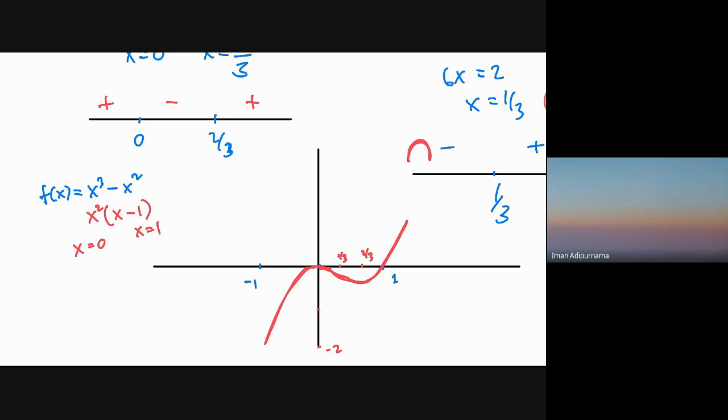And then from 1/3, you go upwards. Make sure you go upwards at exactly 2/3. So 2/3 can be a local minimum, because it goes from negative to positive, and make sure 0 is a local maximum.